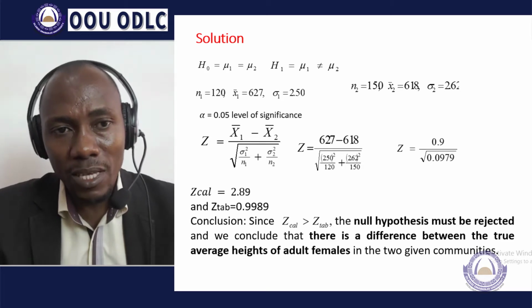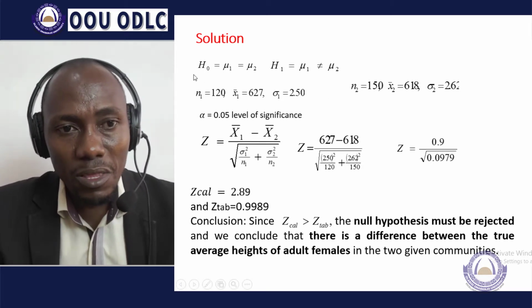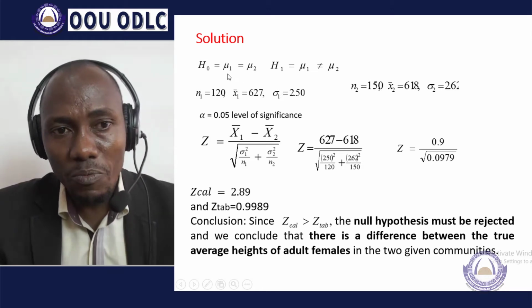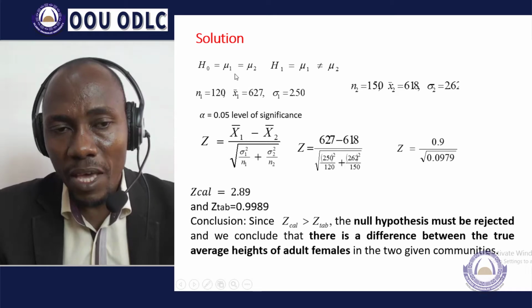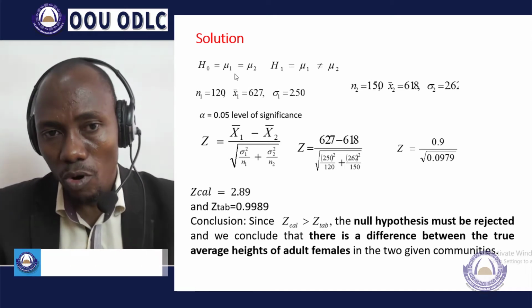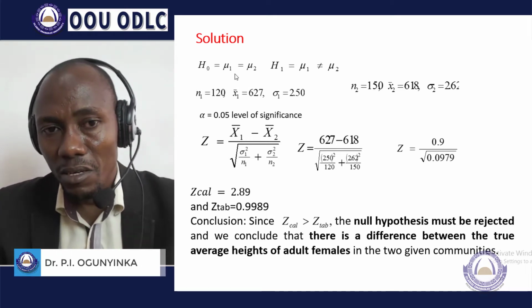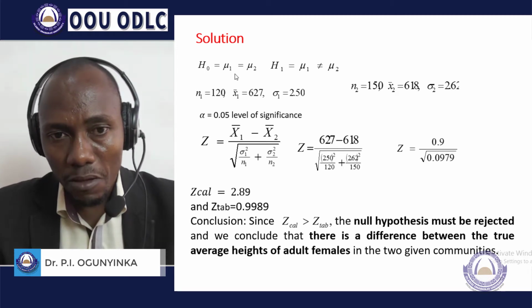Following the procedure of hypothesis testing, the null hypothesis has been set to be mu1 equals mu2, that is, the population means for the two populations are equal, and alternatively, they are not equal.